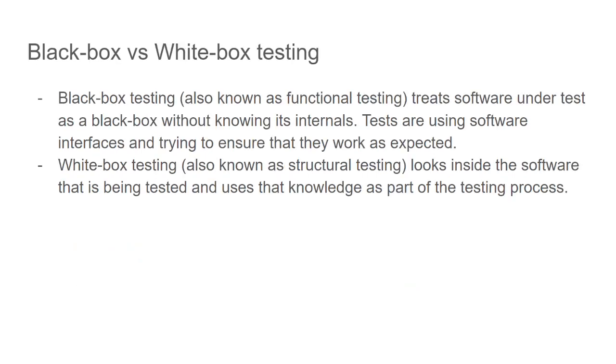There's also black box and white box. Black box, basically, you test the system without knowing the actual code. White box, you actually know the code, so you can go more in depth.